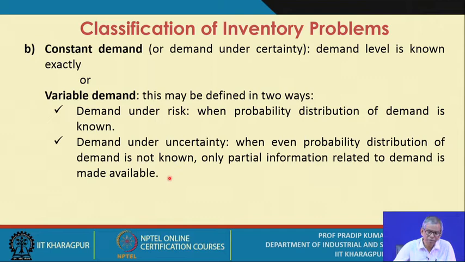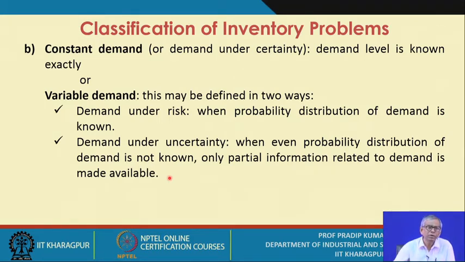And just to make a note, this partial information many a time we can explain in terms of the moments of the distributions. Even if the type of distribution is not known, you can calculate the moments of the distribution: first moment, second moment, third moment, fourth moment.